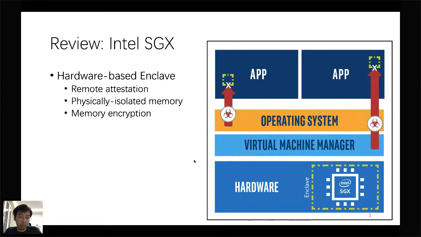When your program is executed in the enclave, it stores its state in physically isolated memories. And finally, all the memories are encrypted with special hardware. So your program state is safe, even if the operating system and the virtual machine manager from your cloud service providers are malicious.